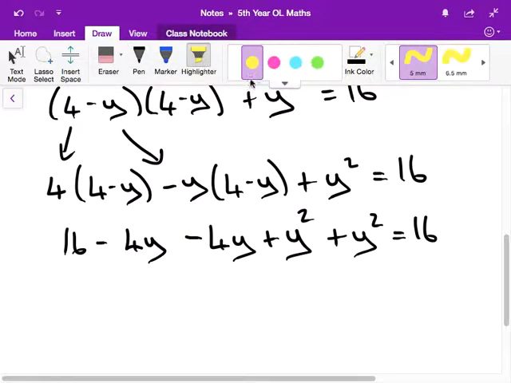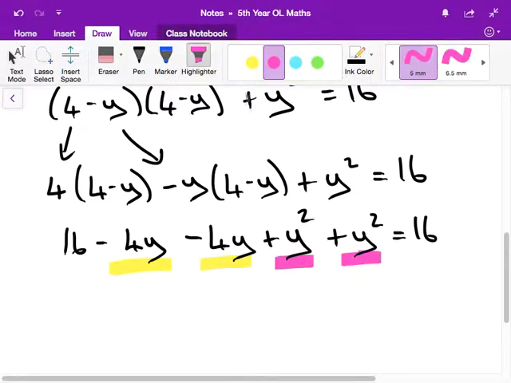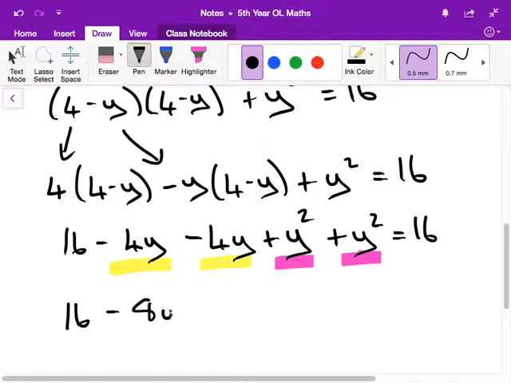Now we can simplify. So the 4y and the 4y are like terms, and the y squared and the y squared are like terms. So we have 16 minus 8y plus 2y squared equals 16.